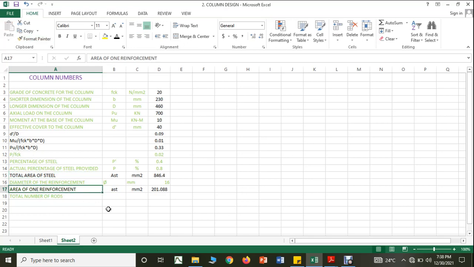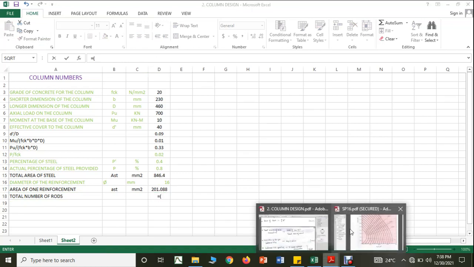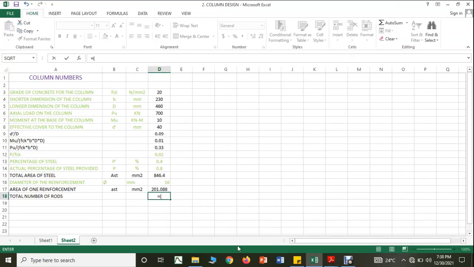That will be equal to the total area of the steel divided by the area of one rod.